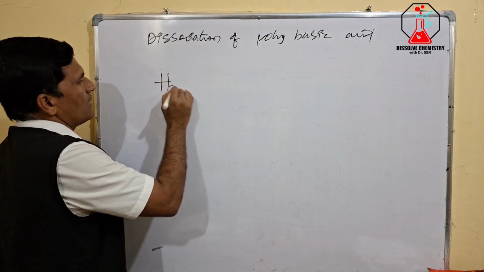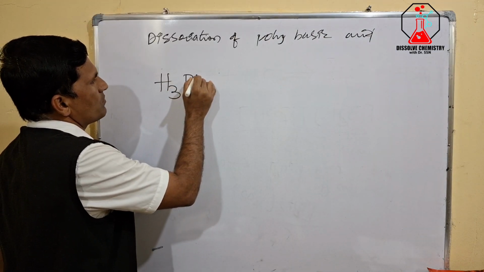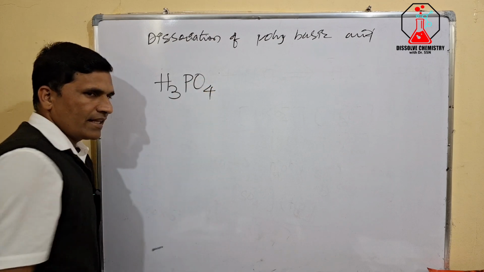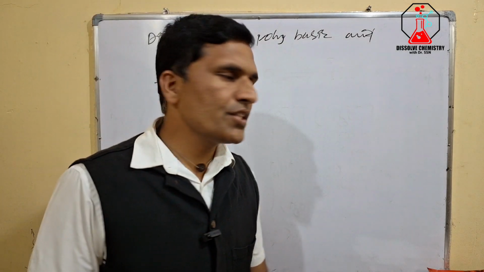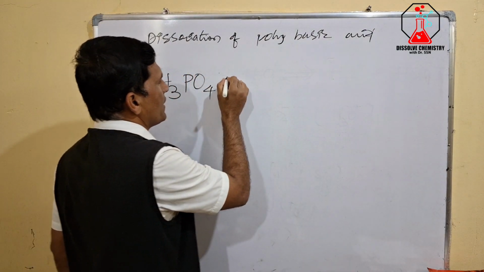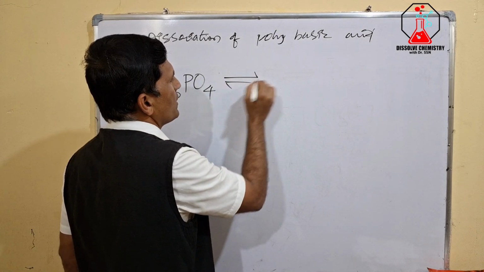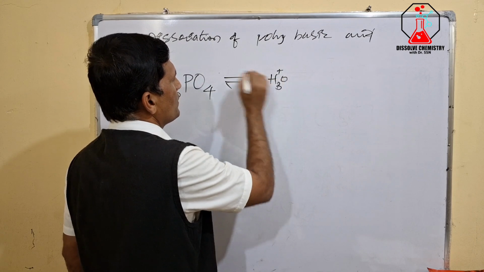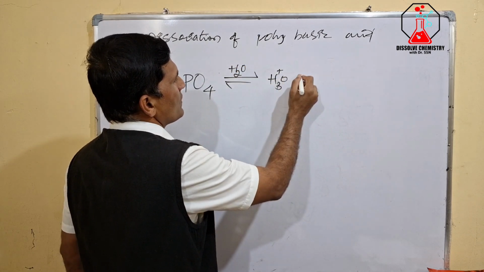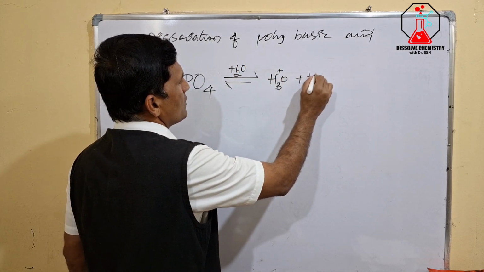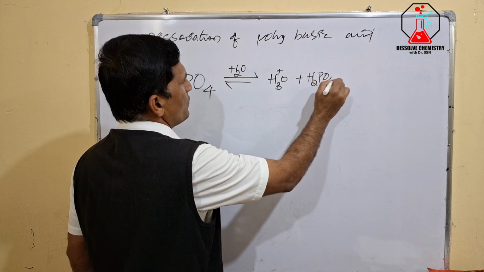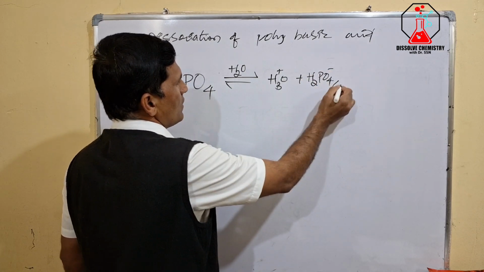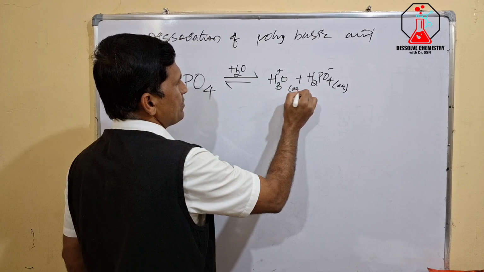Next is H3PO4. It is a tribasic acid. Now let us look into this. If it ionizes, the first ionization gives H3O+ in water plus H2PO4- aqueous.